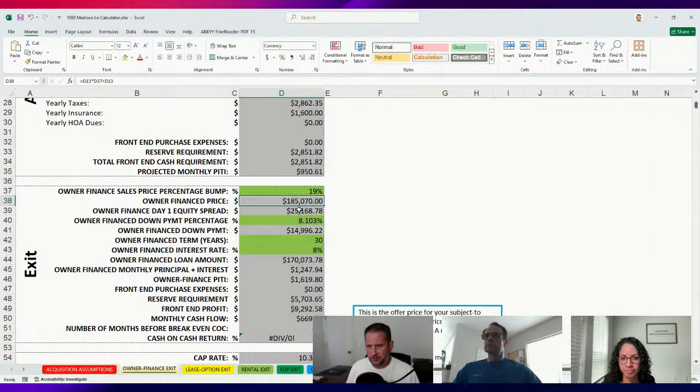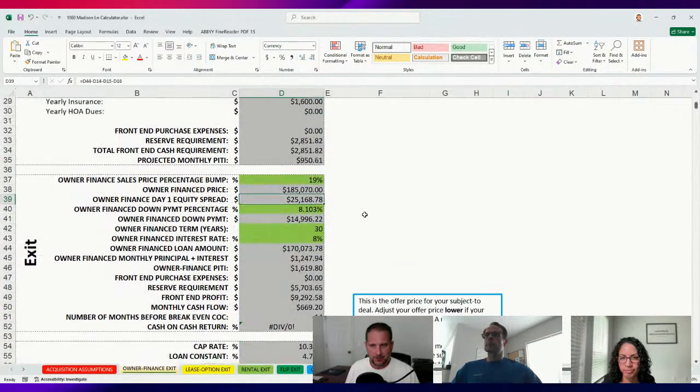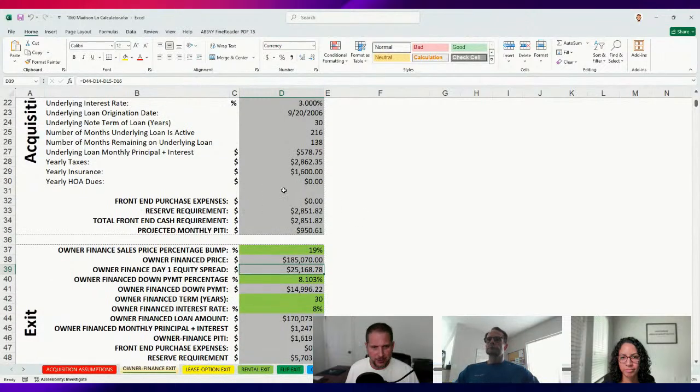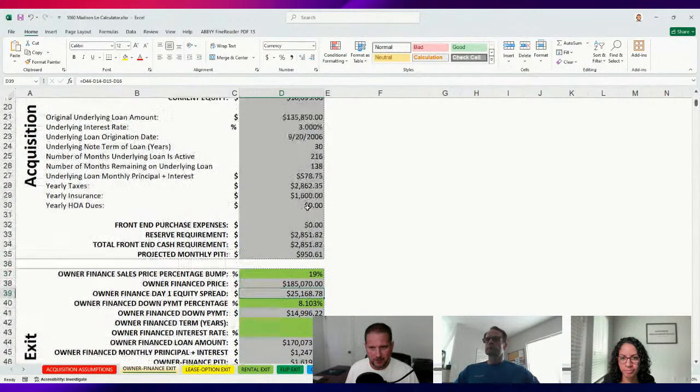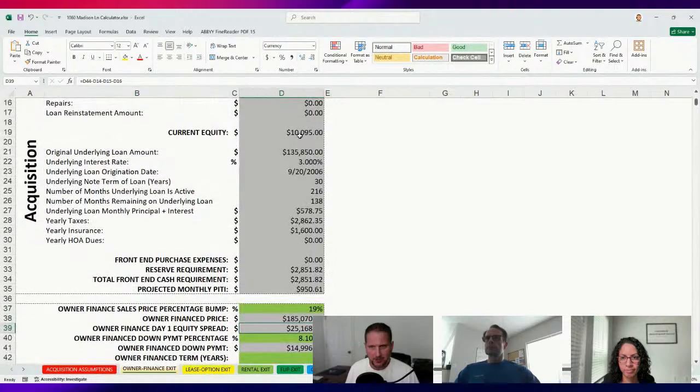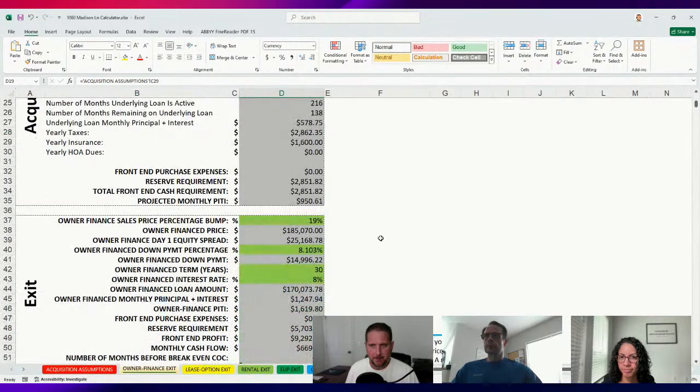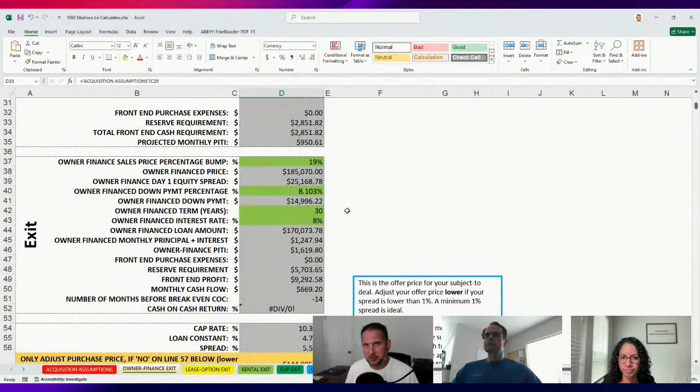So look at what this does to our day one. I call this the day one equity spread. Remember up here, our equity spread was, I think, 10,000? So here it is, current equity 10,000. Now these numbers are a little skewed because I did not fold in repairs and stuff like that. But had there been zero repairs and zero cash out of pocket up front, this would have been our day one equity spread.